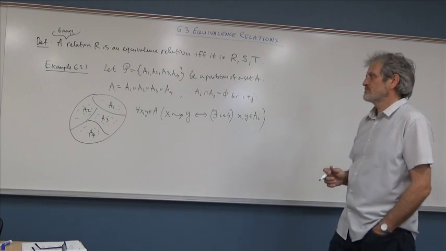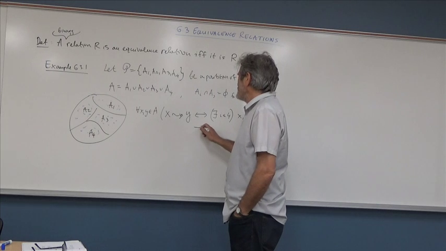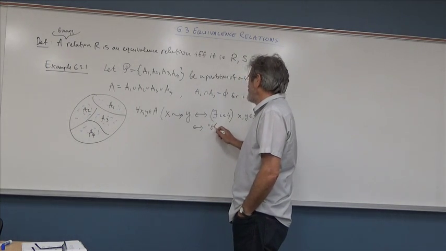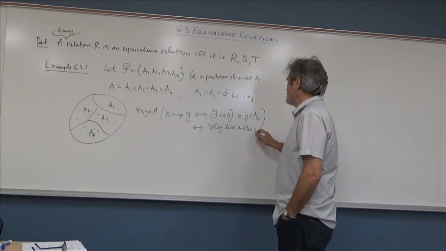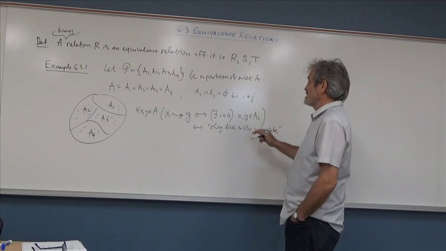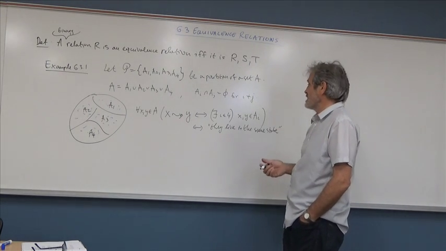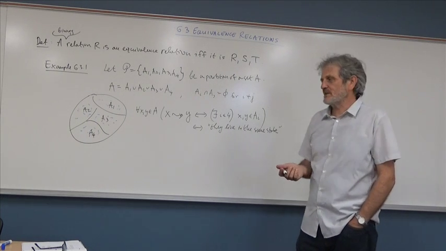Here's the definition. In three words, they are related if and only if they live in the same state. So there exists one of the four states so that x and y live in that state. So they live in the same state.